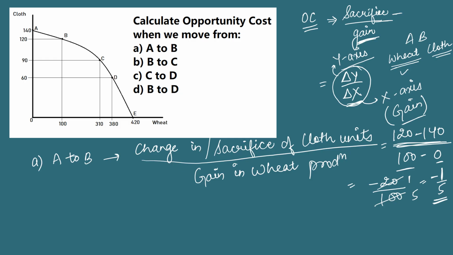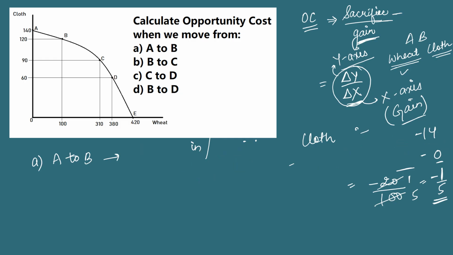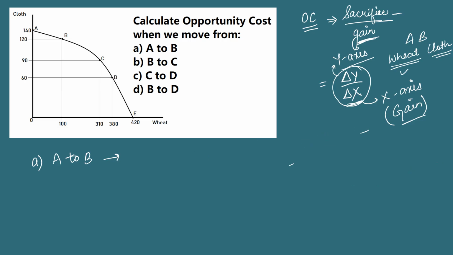Similarly, we can calculate it for the second part. You can directly write it like this. Let's say we are moving from B to C. So just take out delta Y by delta X. Y is the y-axis. When we move from point B to C, change in Y would be: initially B is 120, new is 90.